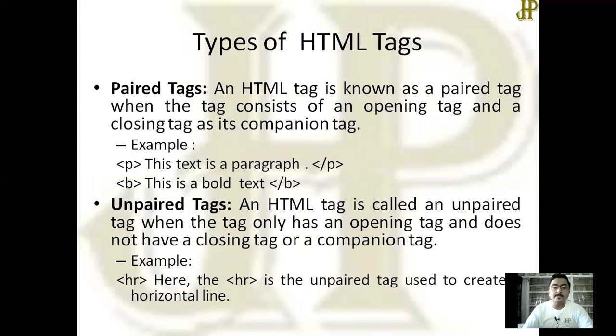While unpaired tags are those tags that have only one tag, known as the opening tag. There is no closing tag. Like HR. HR means horizontal line. Whenever you want to create a horizontal line in your web page, this HR tag is to be used, and this one is an unpaired tag.